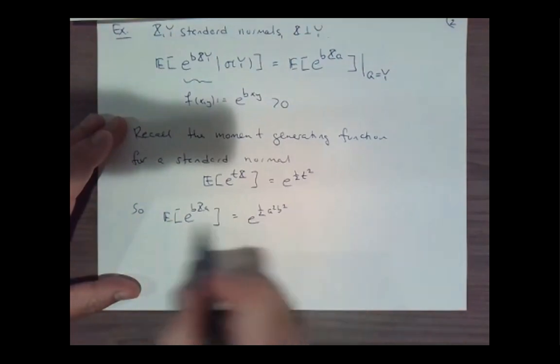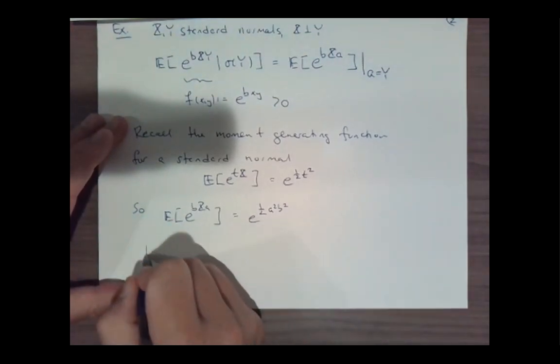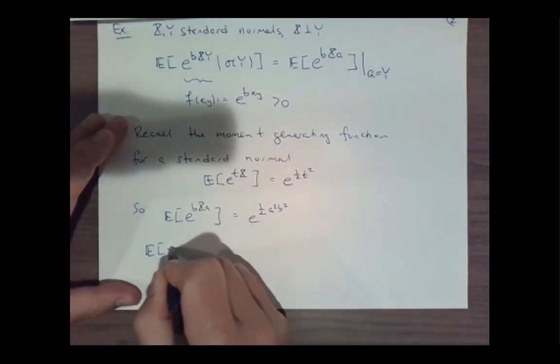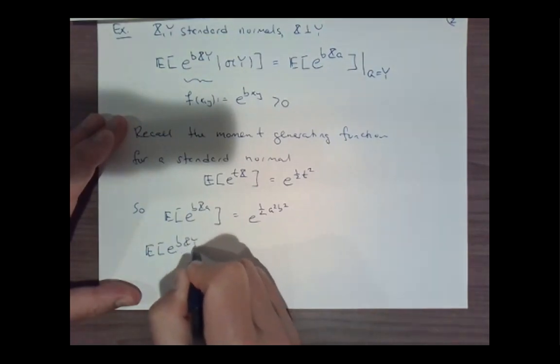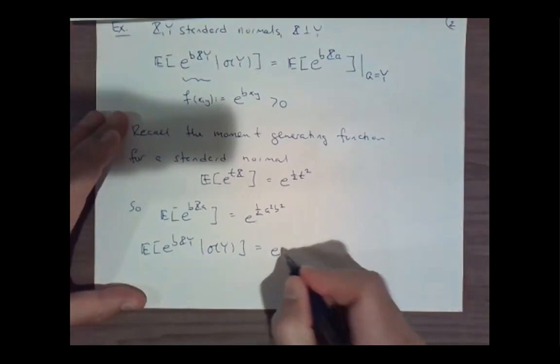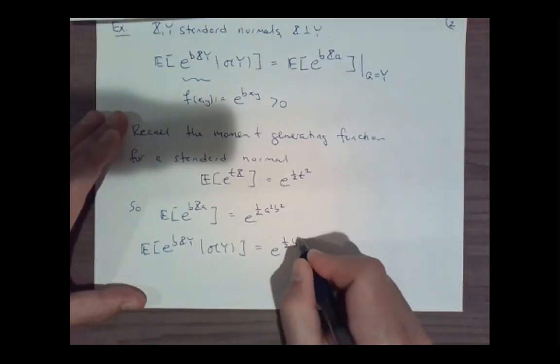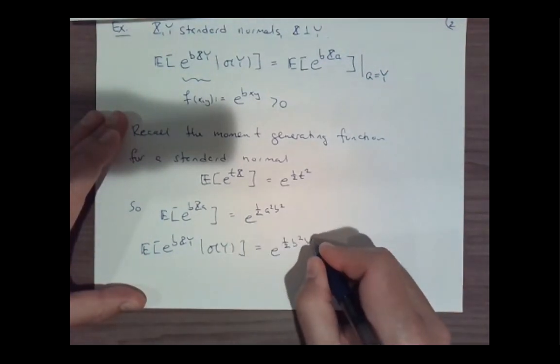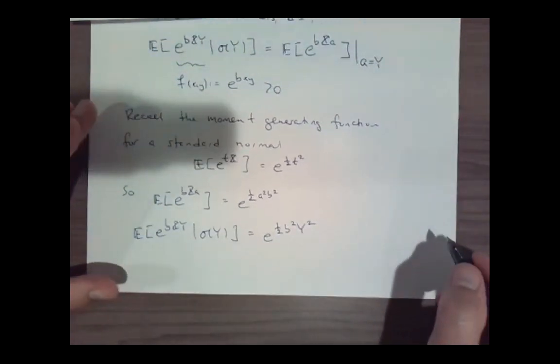So now I'm done computing. There's no more expectation to be found, and we get that the conditional expectation of e to the b x y given y is e to the 1/2 b squared, and then the random variable y squared.